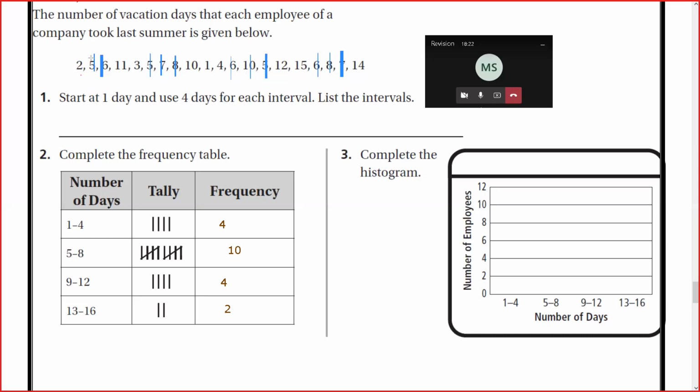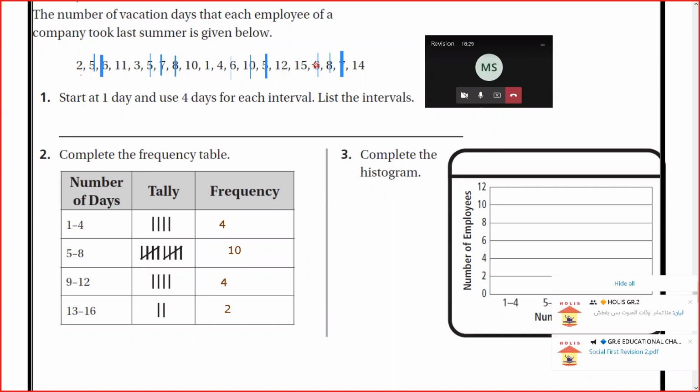Count them now: 1, 2. The whole, count them, they are 10.